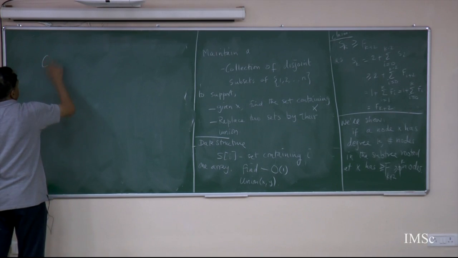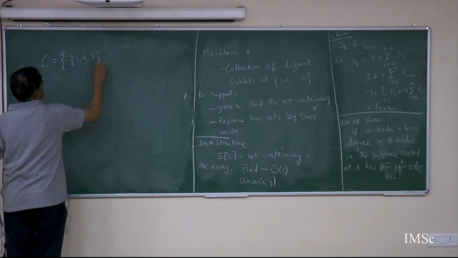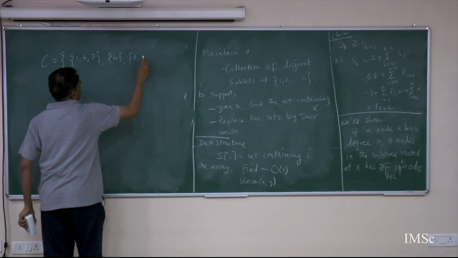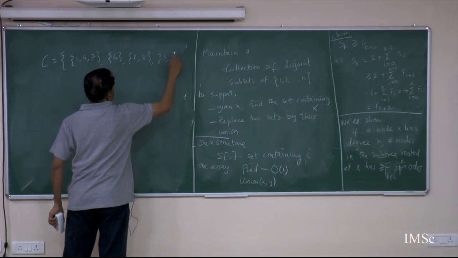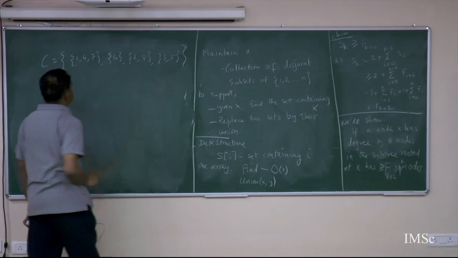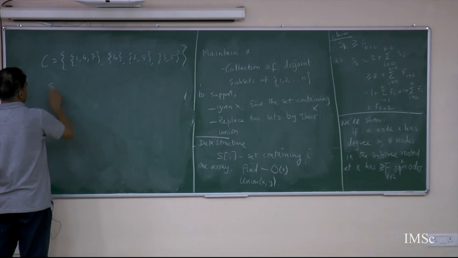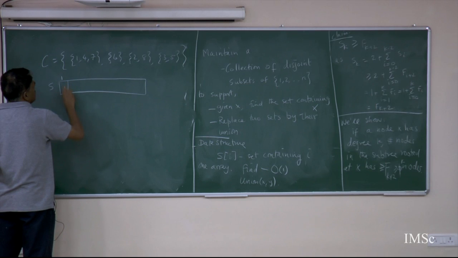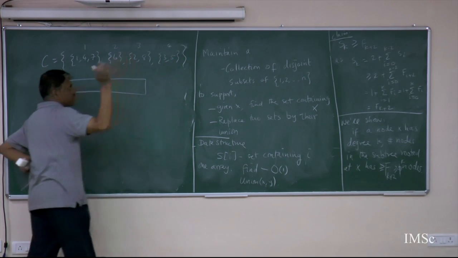So let's say this is my collection, my disjoint collection of sets from 1 to 8. My S array would be like this. S of 1 is set number 1, then set number 2, set number 3, set number 4.